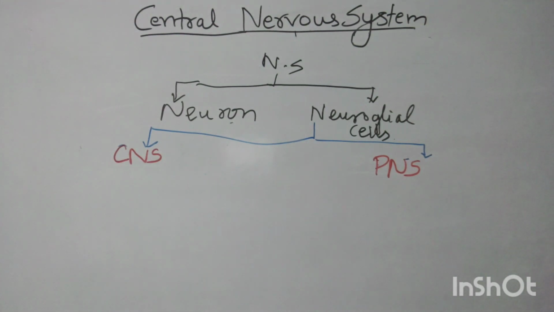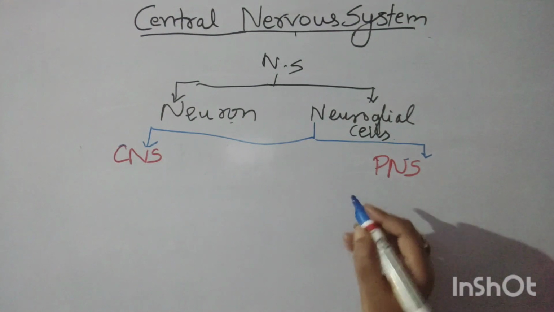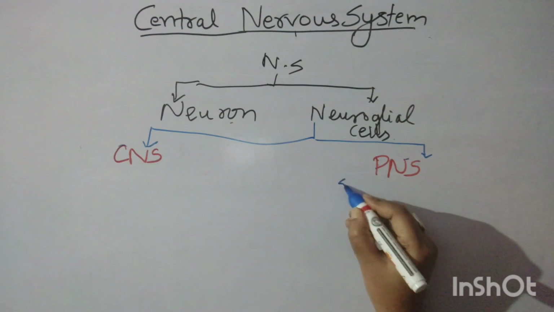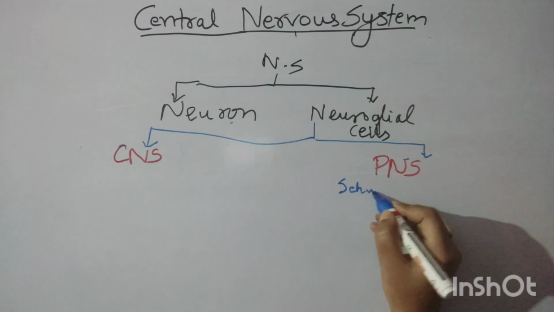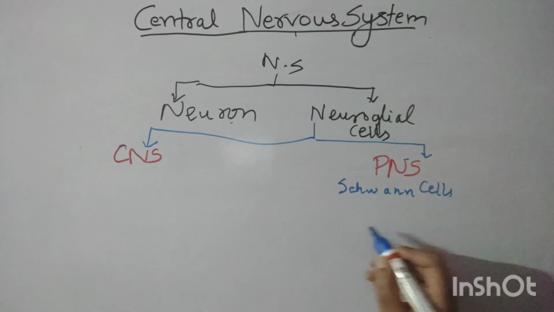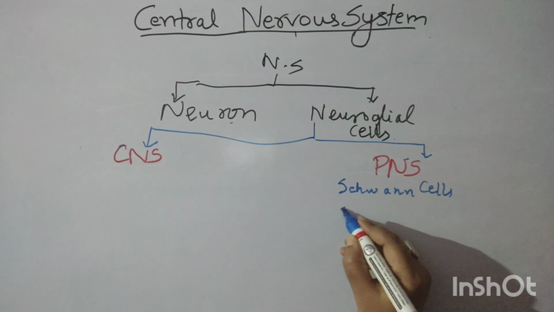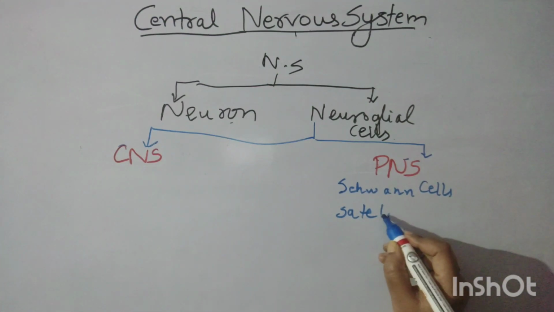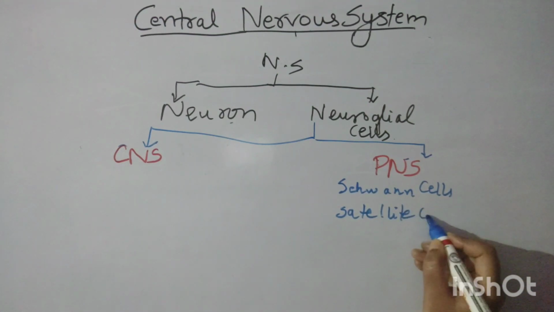There are only two types of cells present in the peripheral nervous system, that is Schwann cells and another is satellite cells.